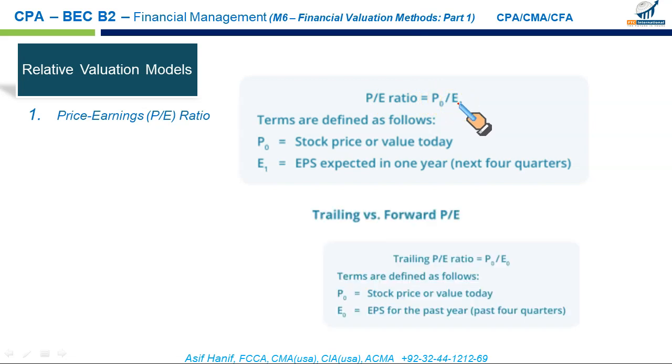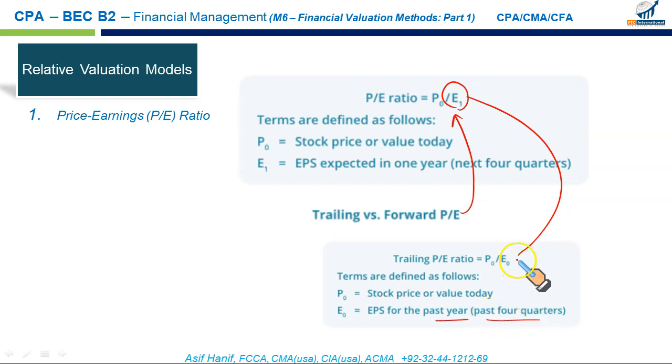Sometimes we might use the current earning, and you see there is a difference. If you use the future expected earnings, this is called the forward PE. This one is basically the forward PE because you are using the future earning per share. That is called the forward price earning ratio. But if you use the current year's earning, that's just reported EPS for the past year or the current year that ended with the past 4 quarters added, this is called trailing price earning ratio.